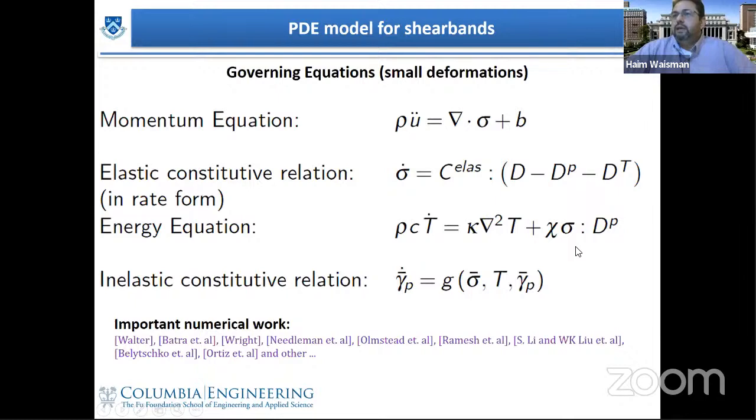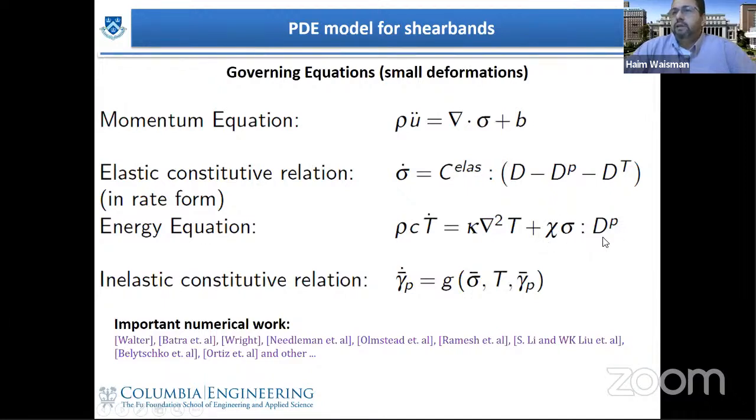Equation 3 describes the thermal or the energy equation, where we have T, kappa is the thermal conductivity, and here we have a term that comes from the plastic work.